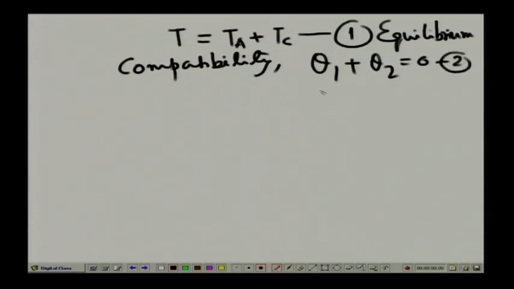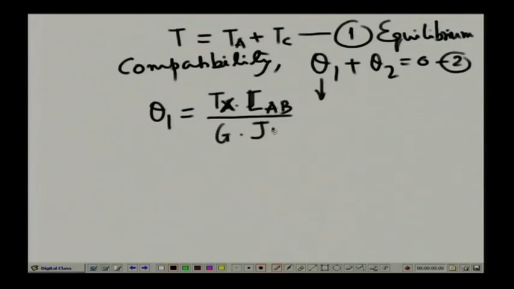Now, we will have to apply the torque rotation relationship, where theta 1, which is arising because of the T, is T times length A B divided by G J A B, which we have seen just now.